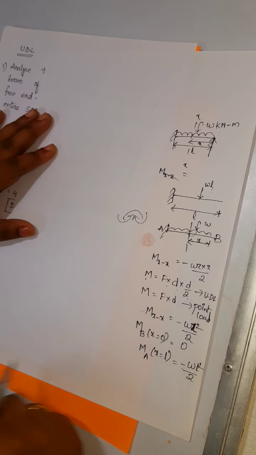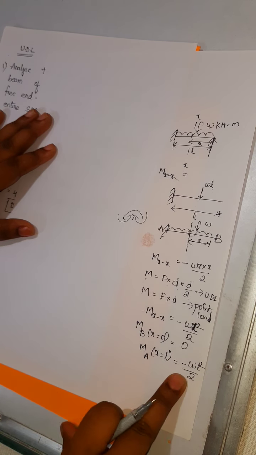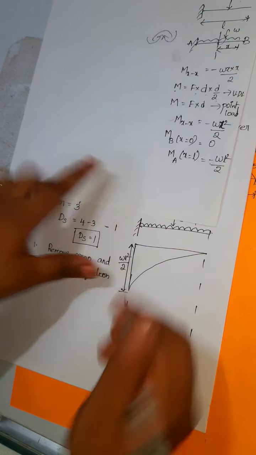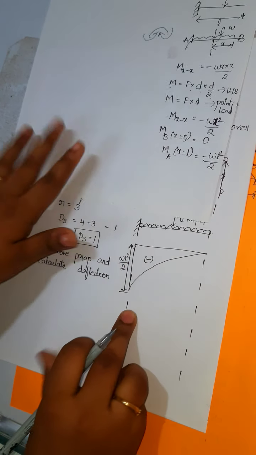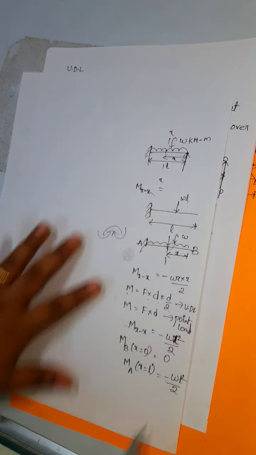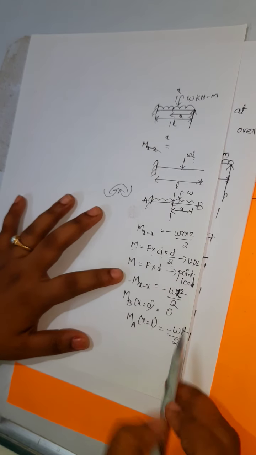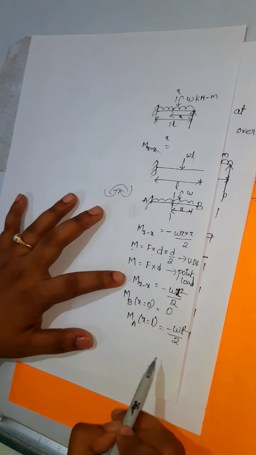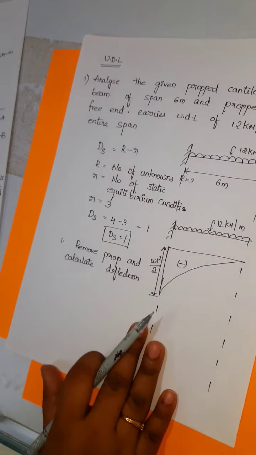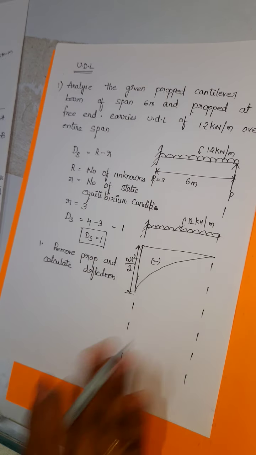The negative sign is nothing but the hogging case, that's why I wrote the minus symbol. It is solved in the downward direction only. I have explained clearly by cutting the section how this WL square by 2 comes. Okay? This is nothing but WL square by 2.